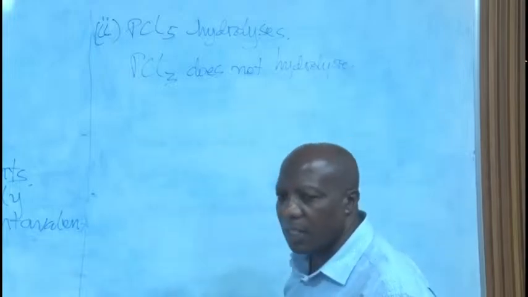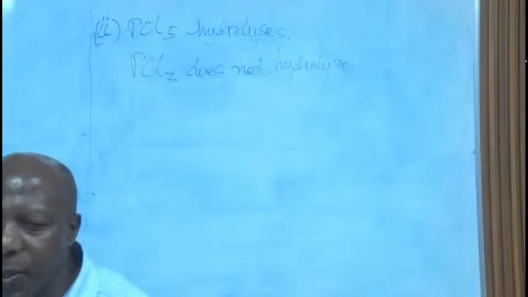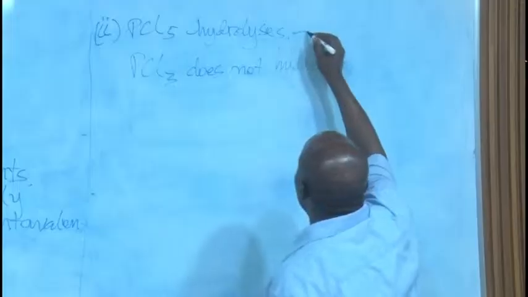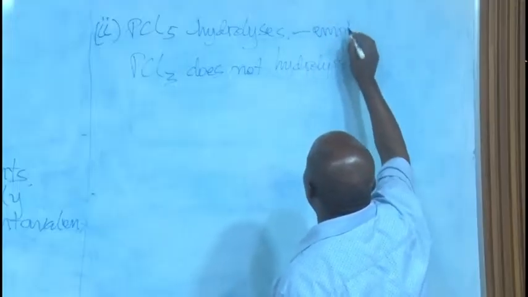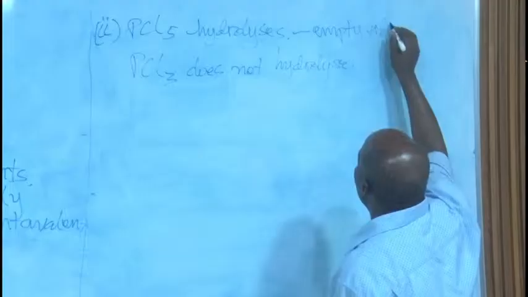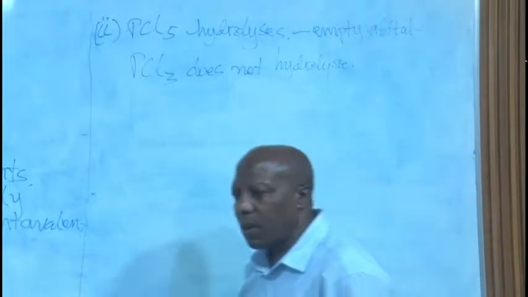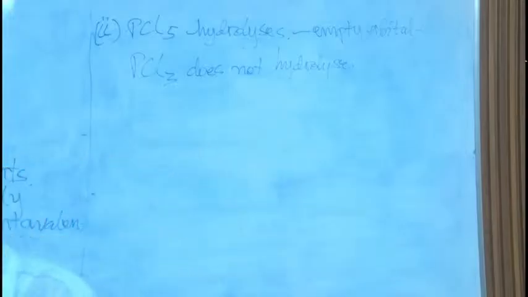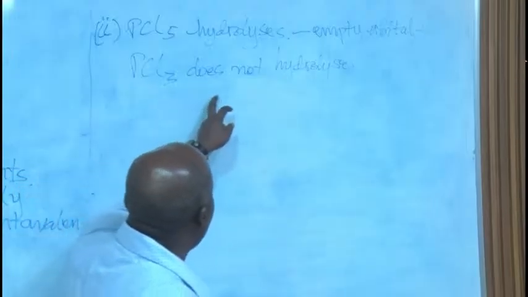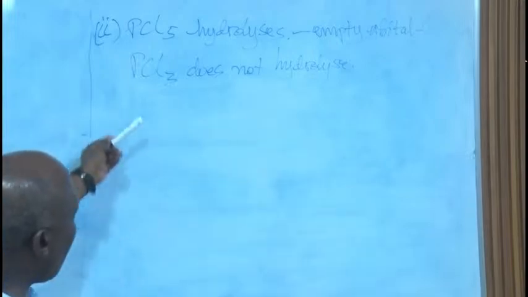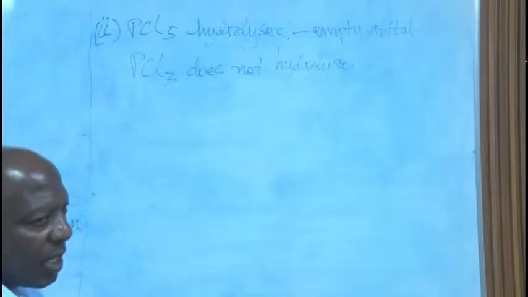Now the reason is phosphorus pentachloride has an empty orbital that can accommodate a lone pair of electrons from water, and this enables it to react with the water. Why can phosphorus trichloride not hydrolyze? Because it does not have an empty orbital in its structure.